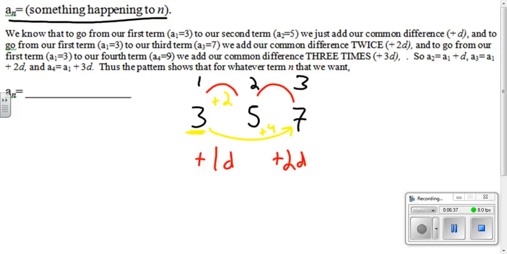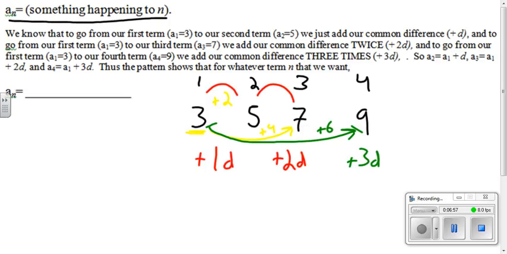Same thing if we go on to our fourth one, which is 9. To come all the way over, we had to add 3 differences. So from 3 to 9, it's actually a change of 6. We had to add 6, which is 3 differences.